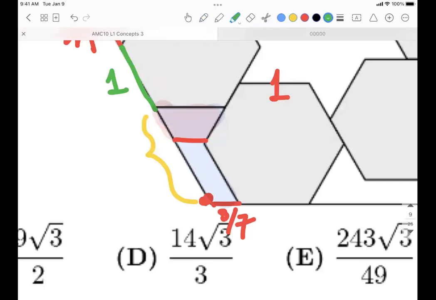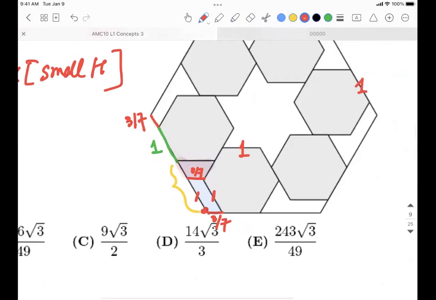So if this is 3/7, this could also be 3/7, right? 3/7 to here. And also, if this is 1, this is 1. And this is 1 as well.